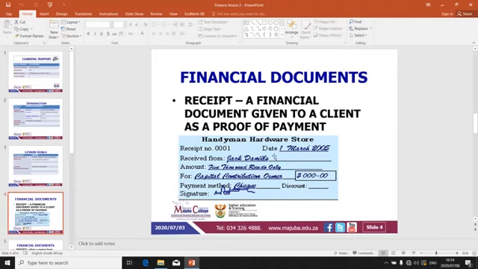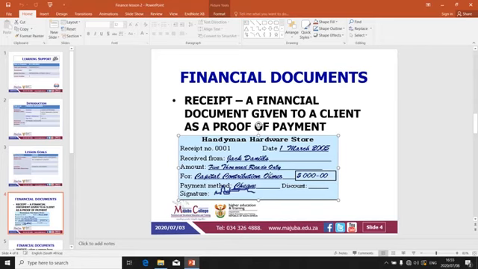And what is the date for this receipt? It's 1 March 2005. Your name must be written on it. The one who paid this amount is Jack Daniels. Jack Daniels paid the money to Handyman Hardware Store, so this receipt is from Handyman Hardware Store. The amount must be written in both words and numbers.